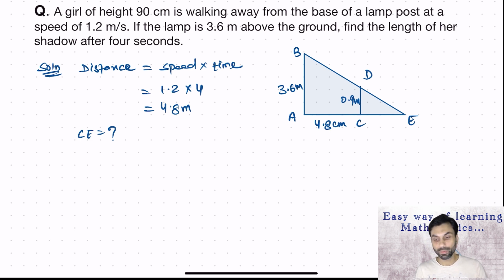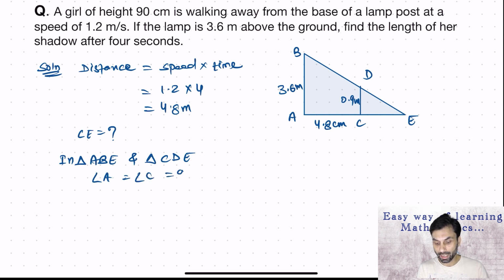Now, in order to find that, we are going to take the help of similarity. If we take triangle ABE and triangle CDE, what we observe is angle A equals angle C, which will be 90 degrees, and angle E will be equal to angle E, that is common in both the triangles.